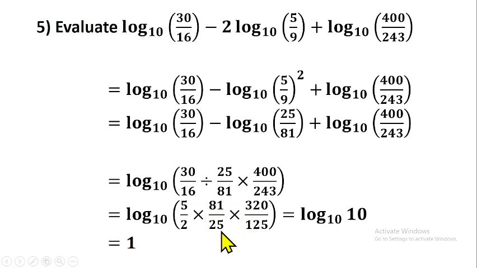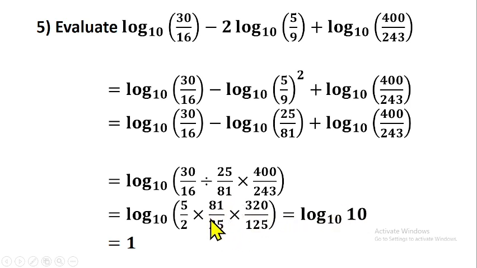If you simplify this further, you discover that if you cut it and simplify it further, it is going to give us 10.